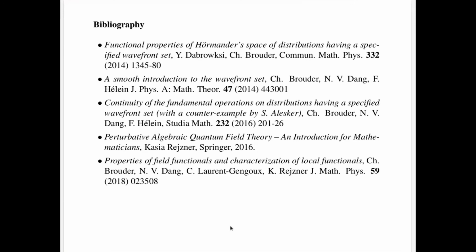And the space of distributions with a given wavefront set is also not a Banach space. You need more than one norm. It's not because we like complications, it's just because even smooth functions are not Banach spaces, and test functions are not Banach spaces. That's why we need an infinite number of semi-norms and not just one norm, as in a Banach space.